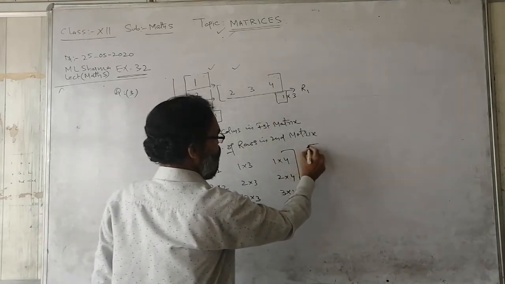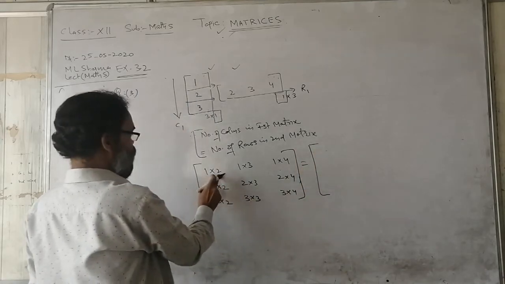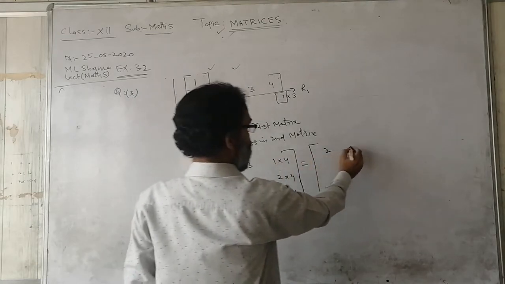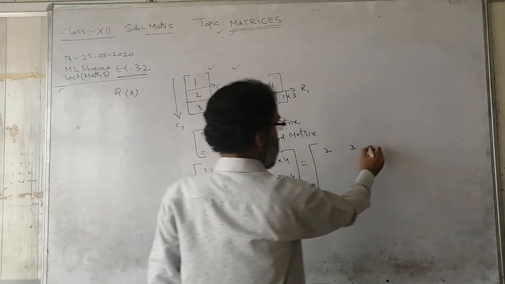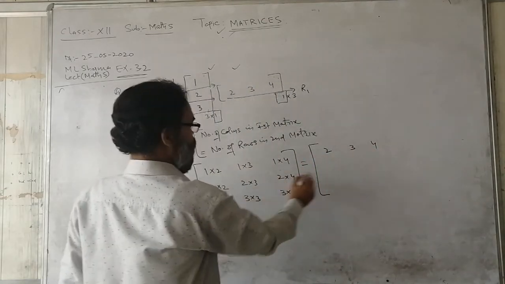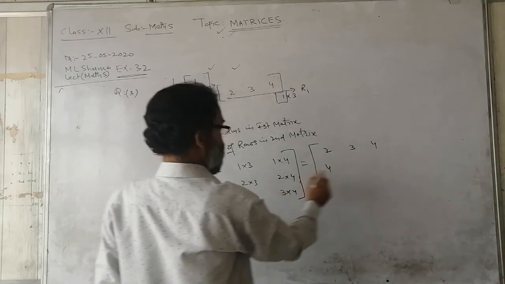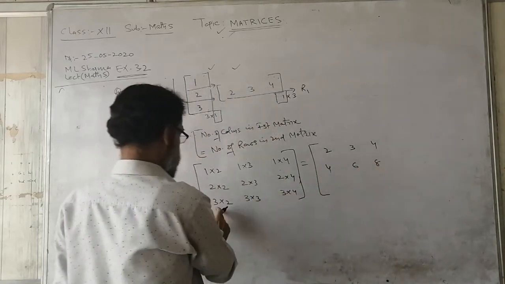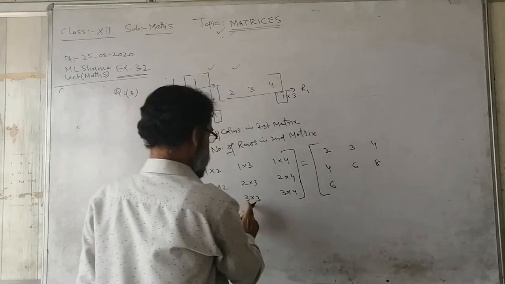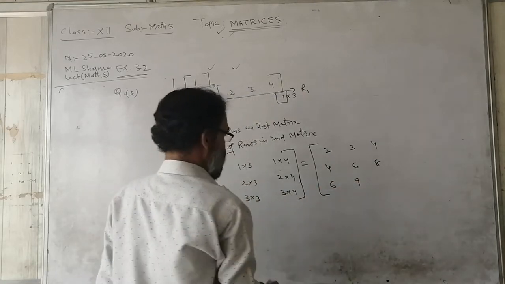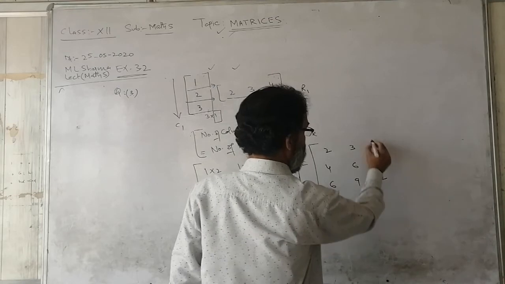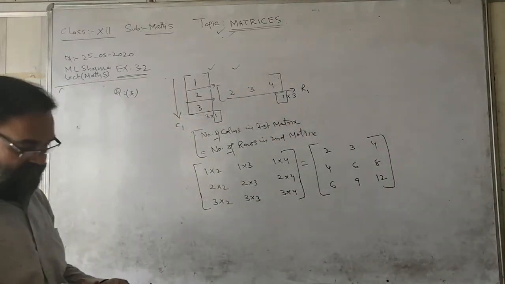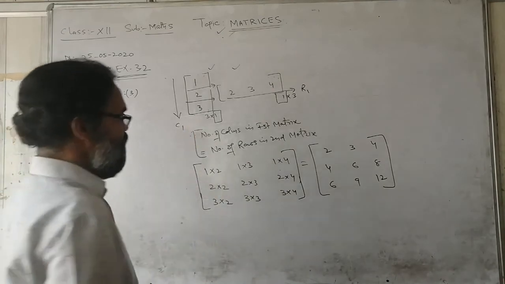So this will equal 1 into 2, I will get 2 here, 3 here, 4 here, 4 here, 6 here, 8 here, and lastly 6, 9, 12. So this is how their multiplication is to be carried out.